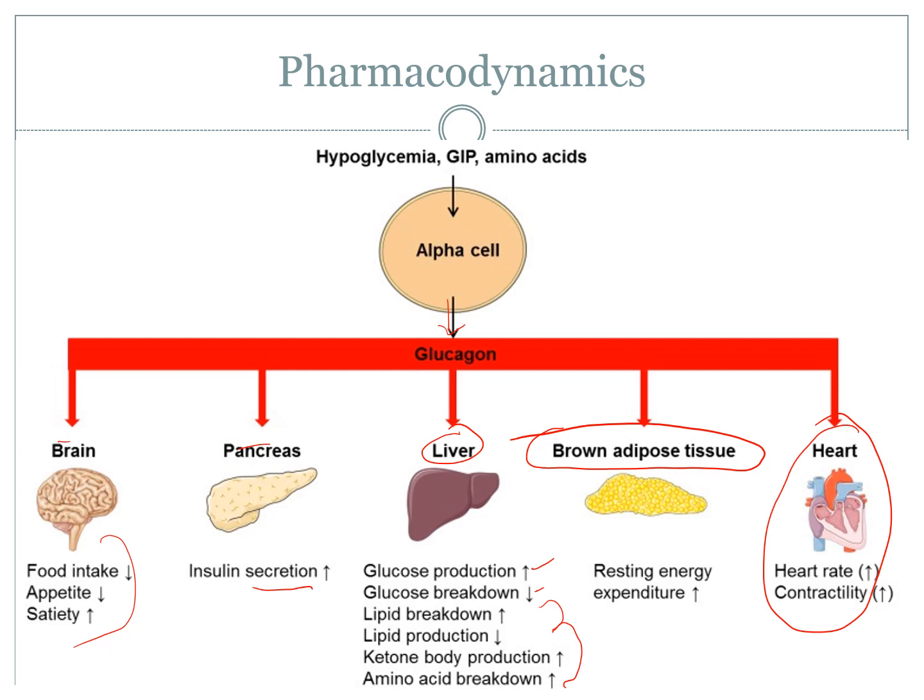So all these things are occurring just because of the release of glucagon. And obviously the end goal is to increase serum glucose levels, so the amount of glucose that is found in the blood itself.